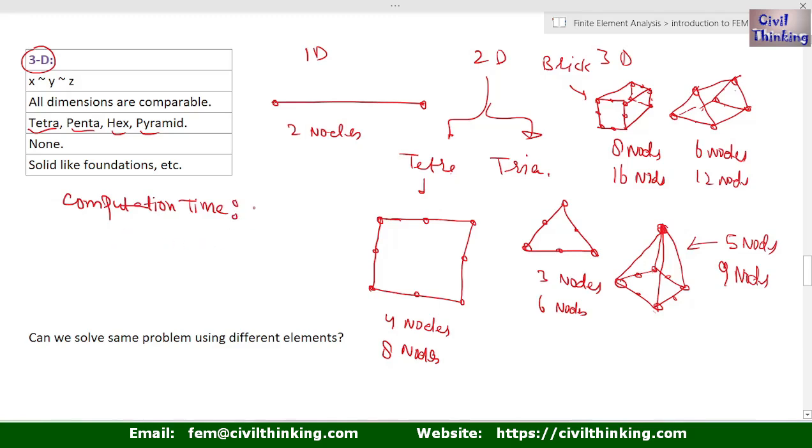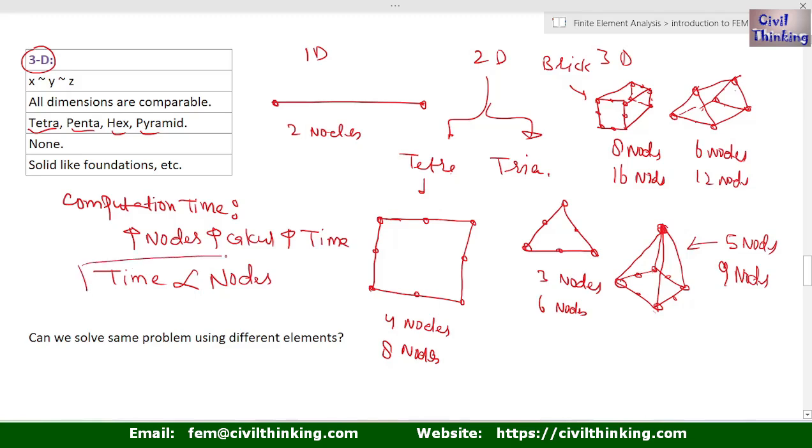Because in FEM we carry out calculations on nodes, the more the nodes, the more the calculations, so the more the computation time, right? So time is directly proportional to the number of nodes.